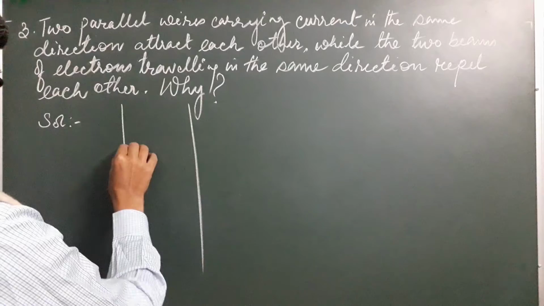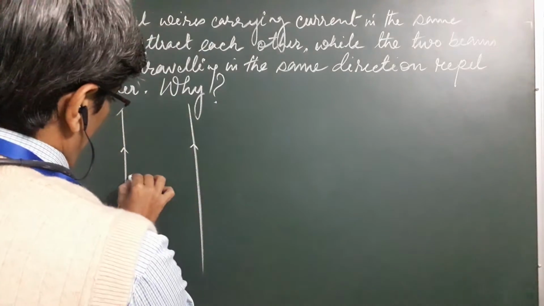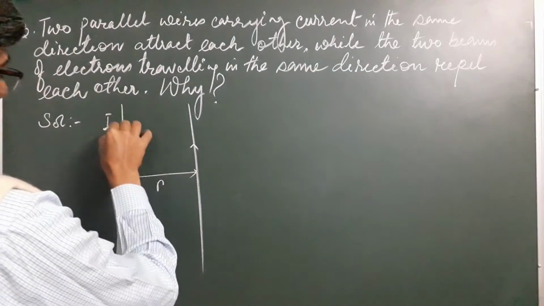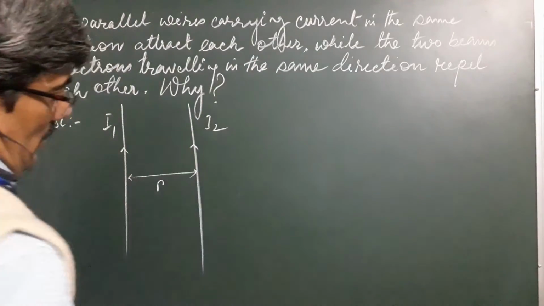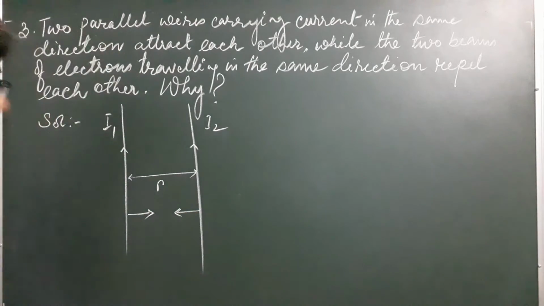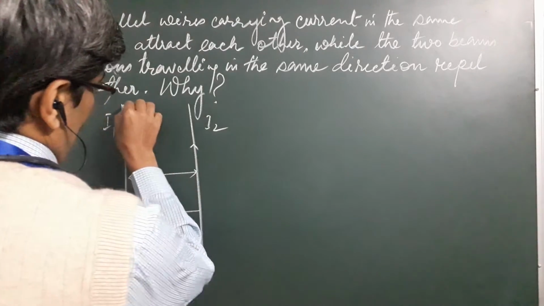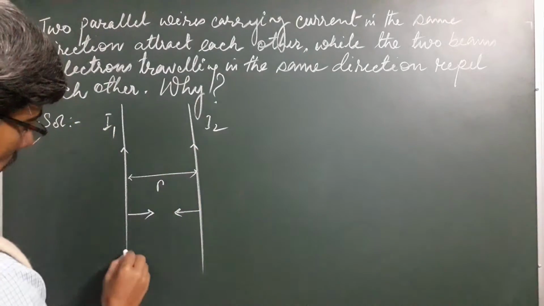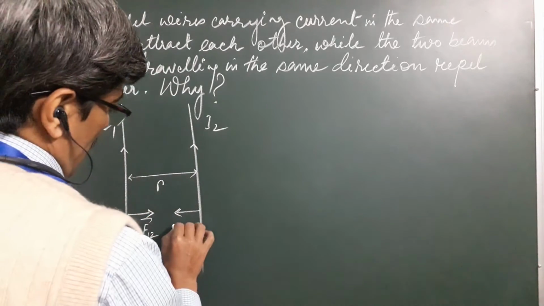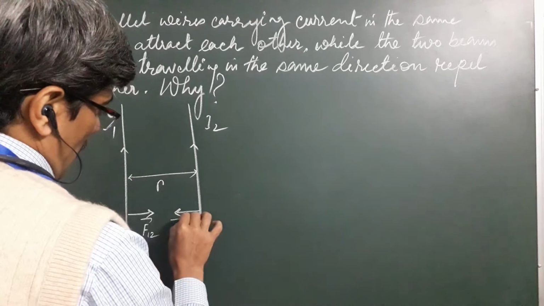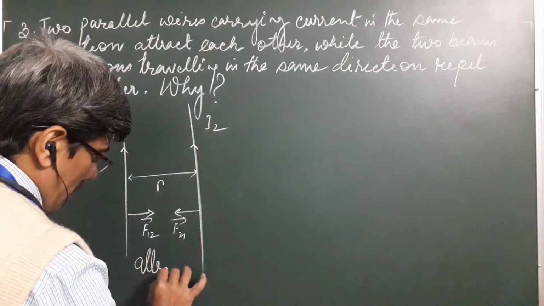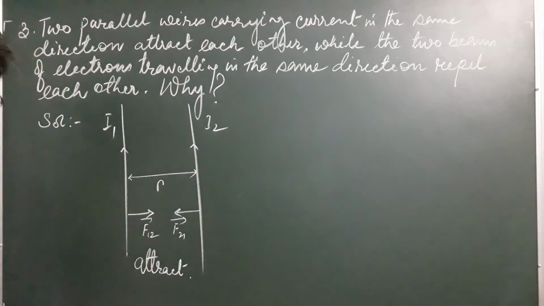The question is this. These are two wires separated by, say, a distance of r. If they are carrying current, say, I1 and I2, then these two wires, as you know, shall attract each other. This is conductor 1, this is conductor 2. They will attract each other. This is force on 1 due to the current flowing in the second, and this is force on 2 due to the current flowing in the first. Yes, it's true they attract.